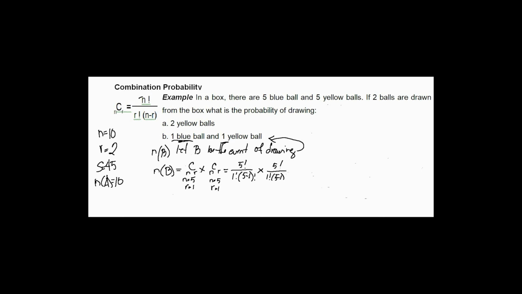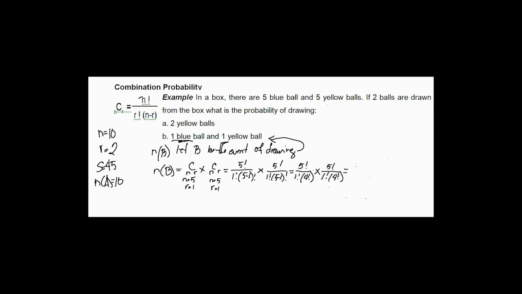We simplify this to 5 factorial divided by 1 factorial times 4 factorial, and the same with the second combination.